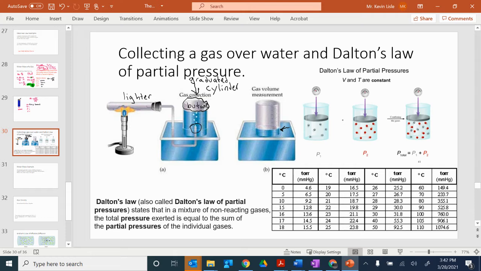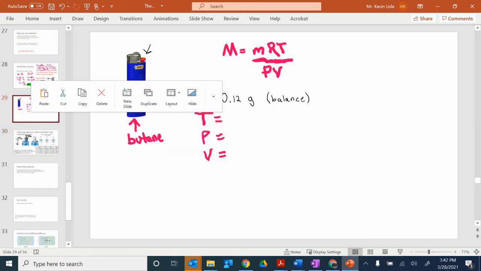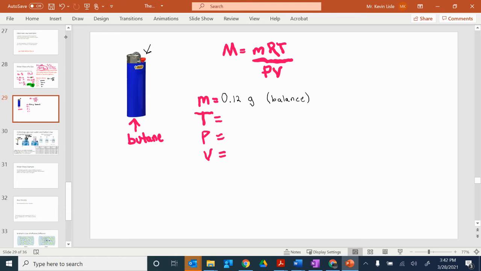Let's go back to the things we need to know for this problem. We're going to put in 50 milliliters as our volume. But anytime you're using the R gas constant in a molar mass equation, you can't use milliliters; you've got to have liters.